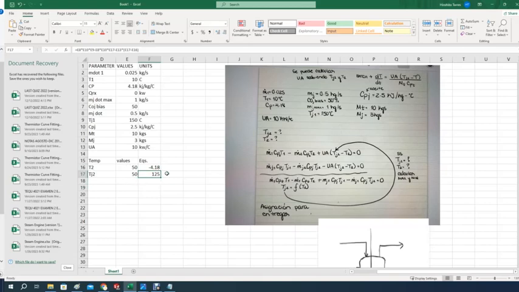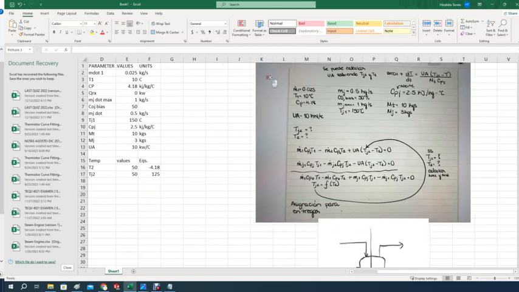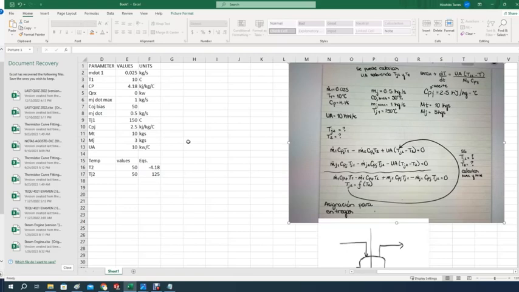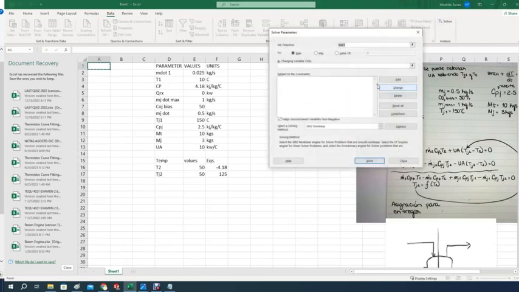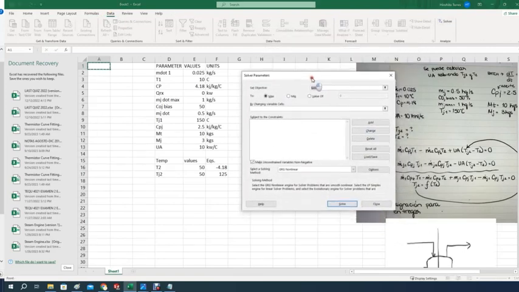So the Solver is going to play with these two numbers until they hit zero, based on these parameters that I have here. So let's do that, and what we're going to do is go here on Data and look for Solver. And when I have Solver, here we go.